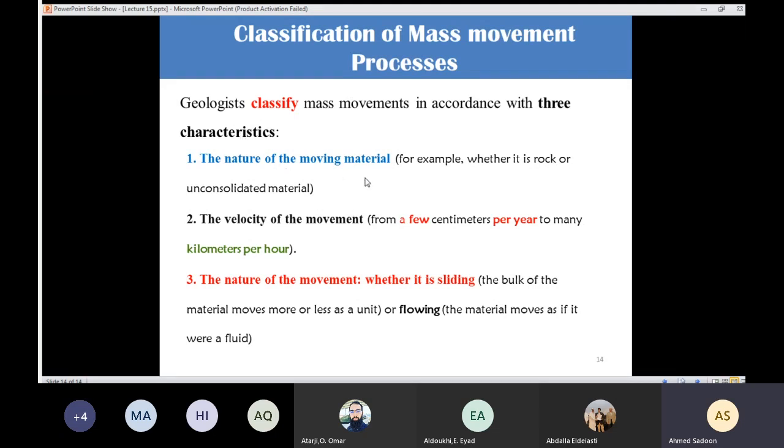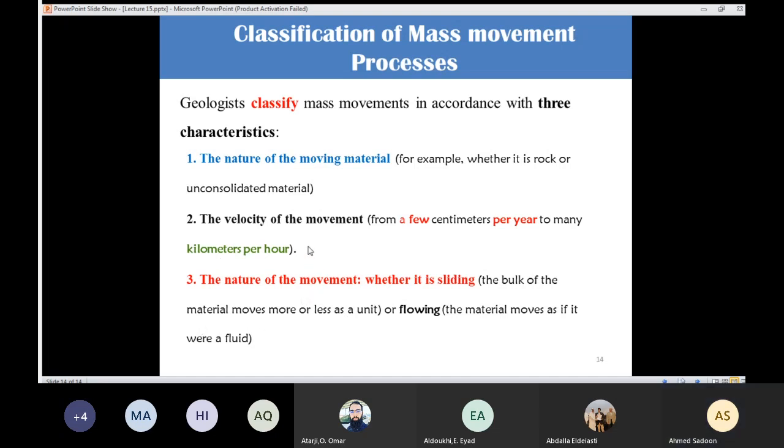For example, is the content of the mass movement rock, or is it soil, regolith or unconsolidated material? Also, the velocity of the movement. It could be from a few centimeters per year to many kilometers per year.